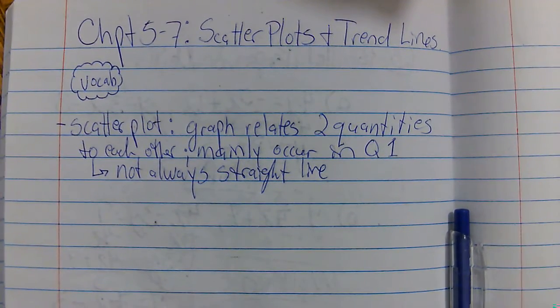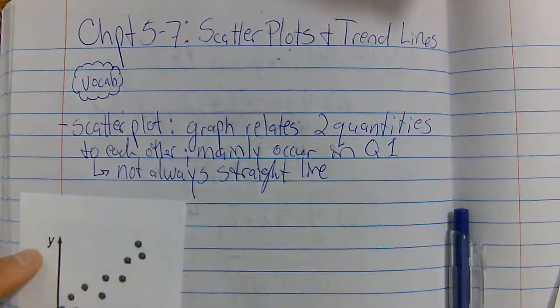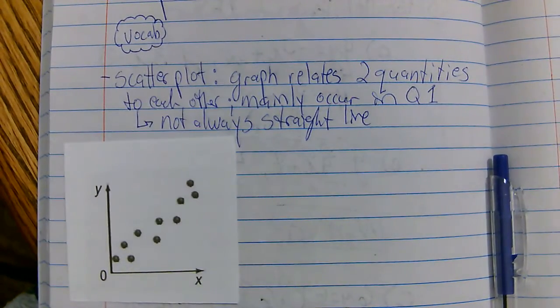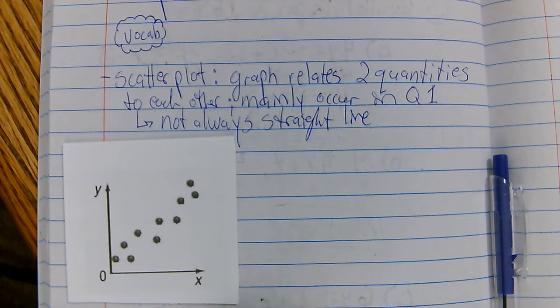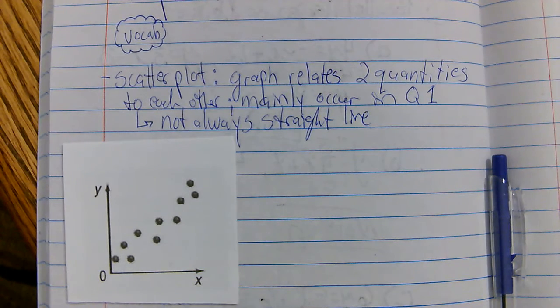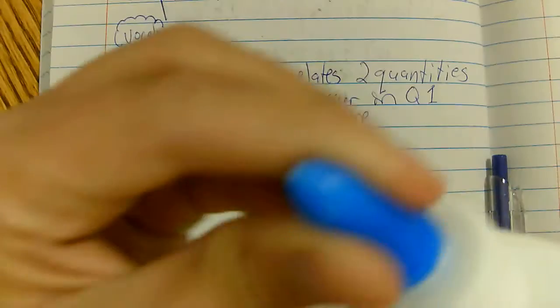So I'm going to do my first glue in. Okay, there's 3 that I'm going to be putting in here. Here's the first one. So go ahead and either glue or tape that in. Got my glue.